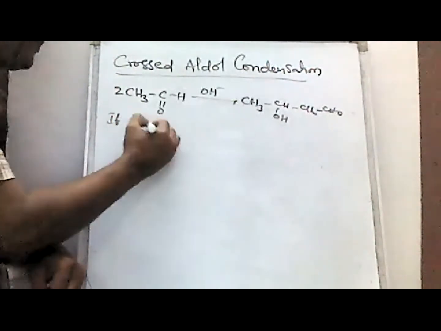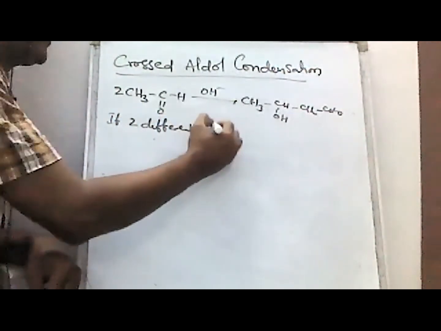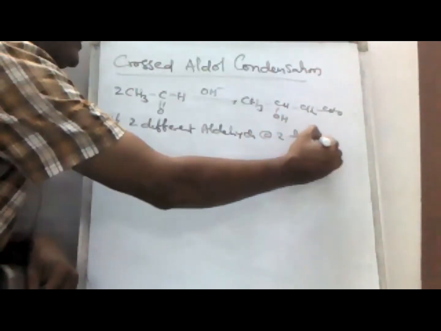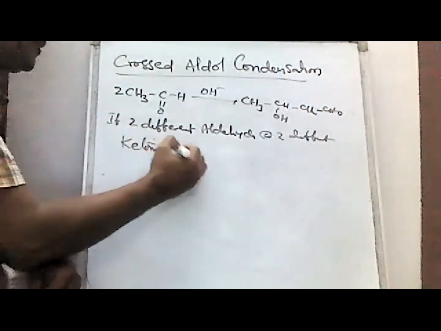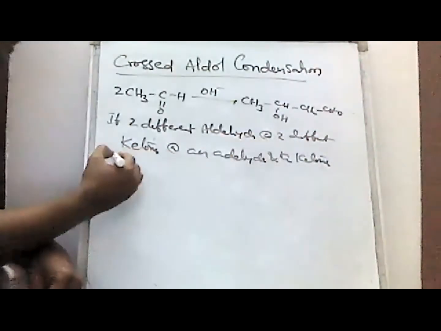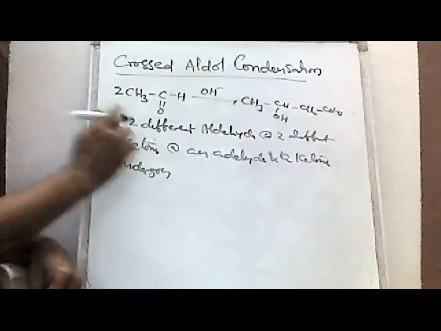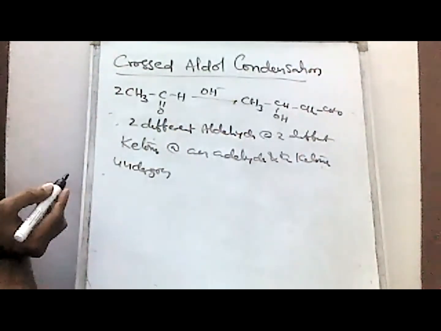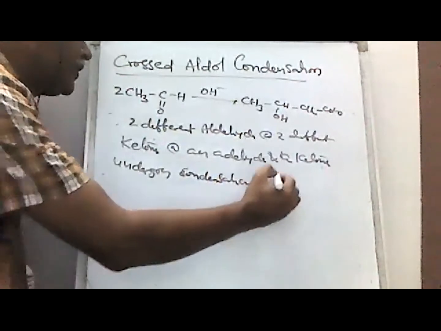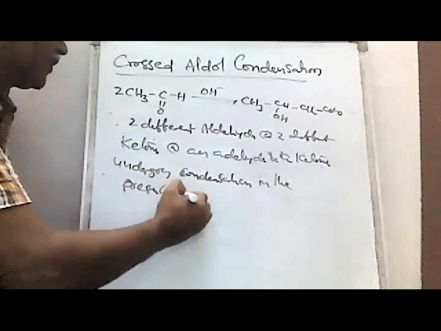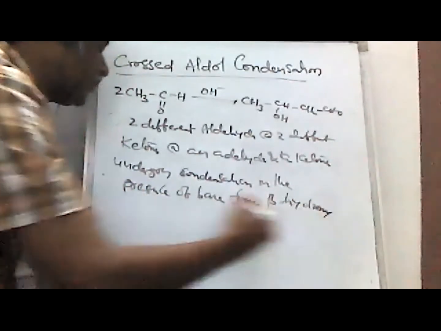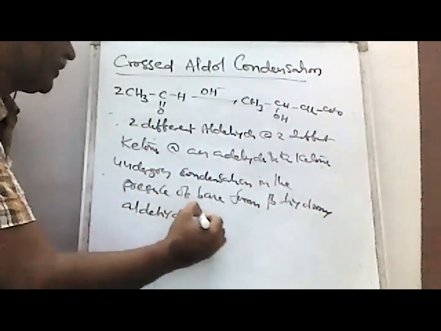If two different aldehydes, two different ketones, or an aldehyde and a ketone undergo condensation in the presence of base, they form beta hydroxy aldehydes or ketones.